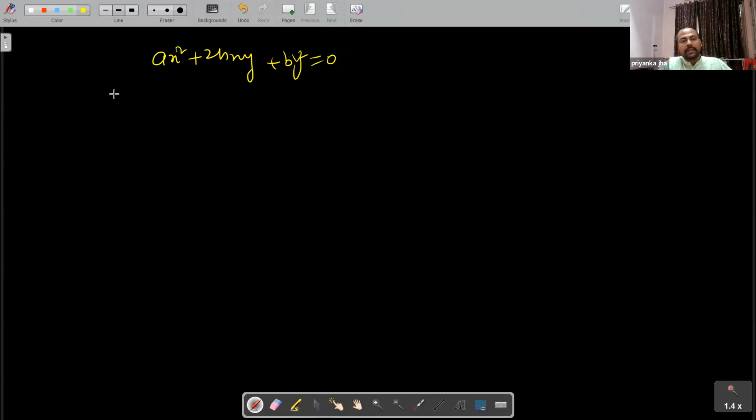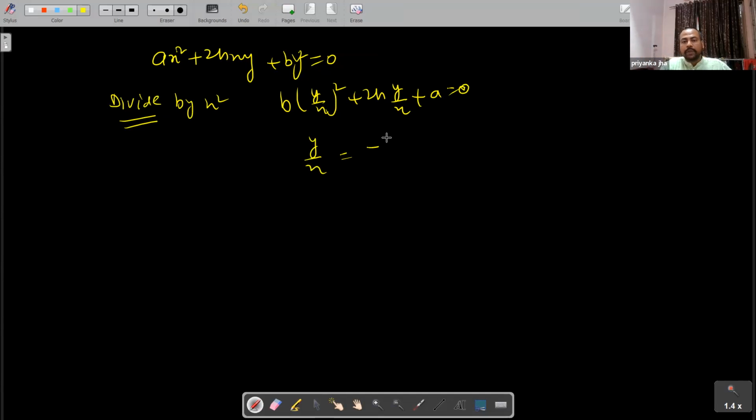Now see, if you divide by x squared, you will get b (y by x) whole squared plus 2h (y upon x) plus a equal to 0. Now see, this is quadratic in y by x. So y by x can be written as minus 2h plus minus under root 4h squared minus 4ab upon 2 into b.